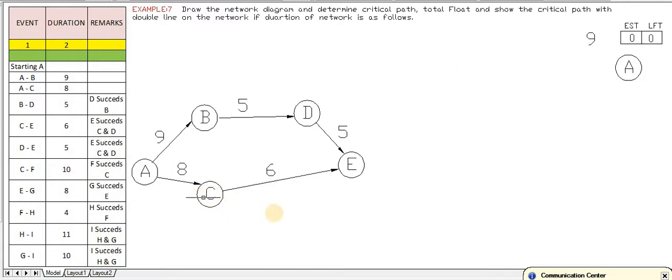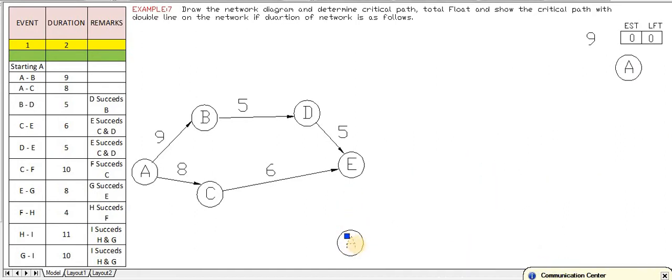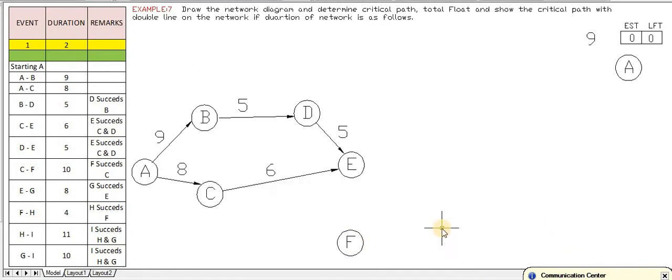F succeeds C. Yes, F is succeeding C. So we can draw a line to F. We will copy this and convert this to F. What about the duration?